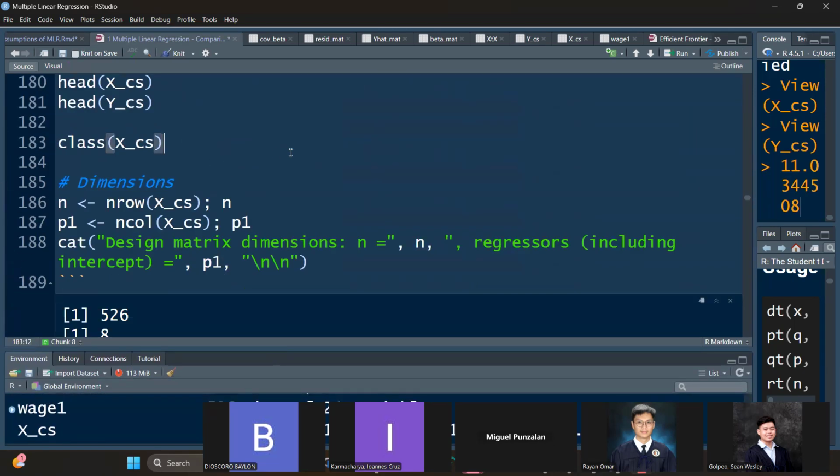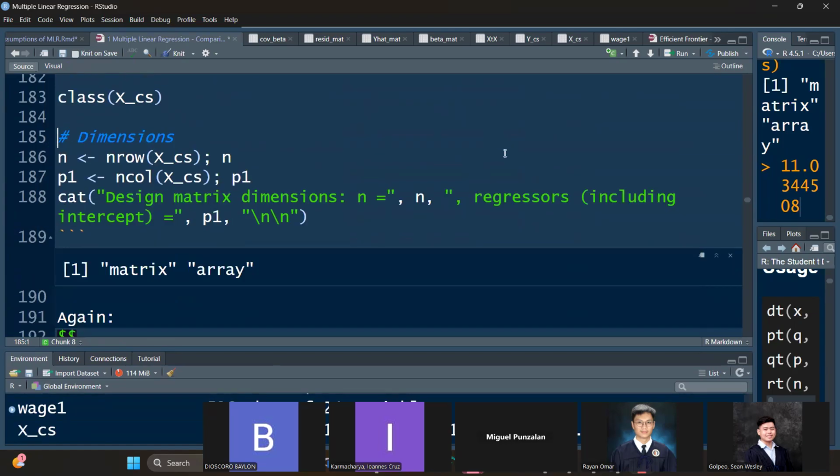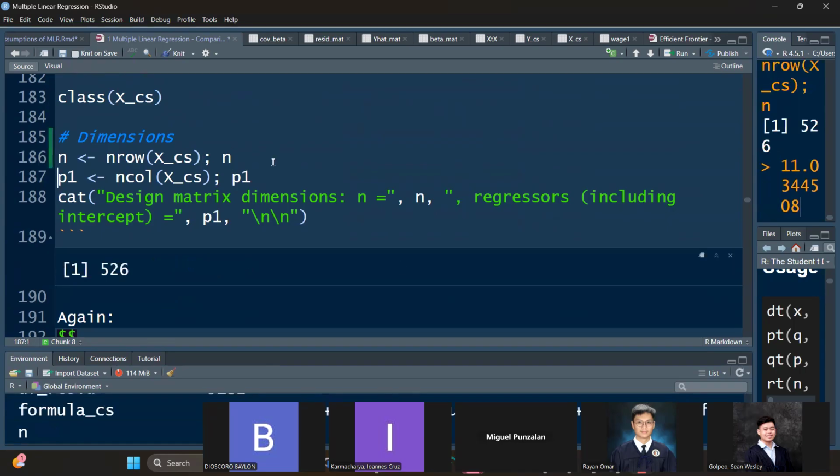If you check the class of XCS or YCS, it's a matrix or array. And last time we also determined N, which is the number of rows of XCS, and printed it. We know that there are 526 observations. And for P1, the number of predictors, we get the number of columns of XCS.